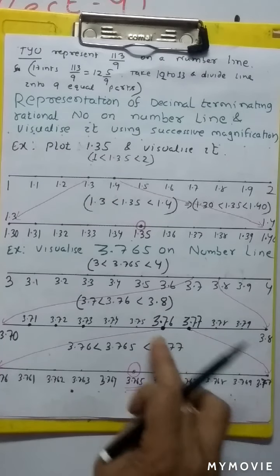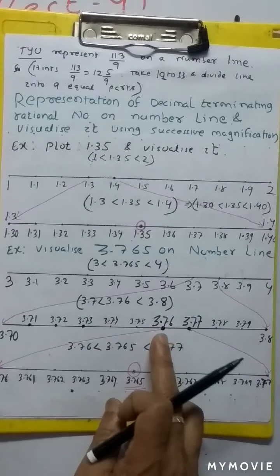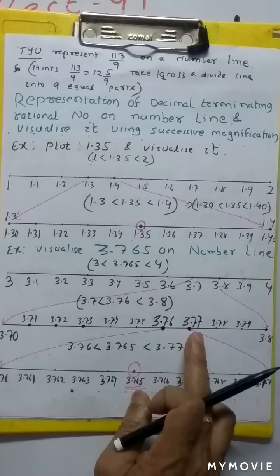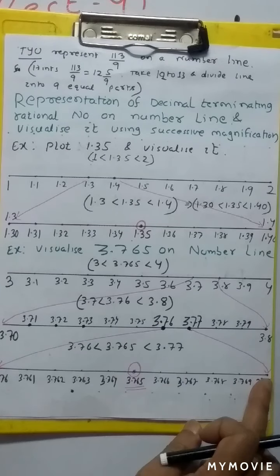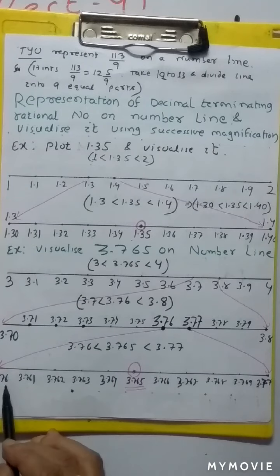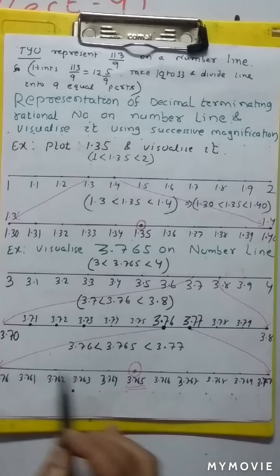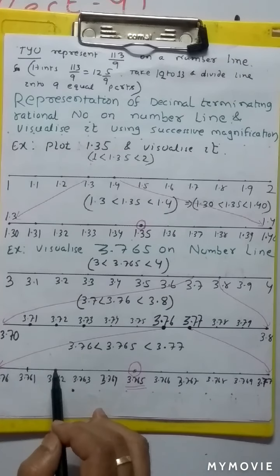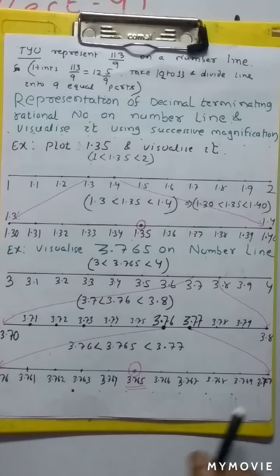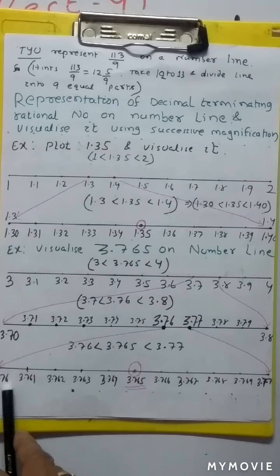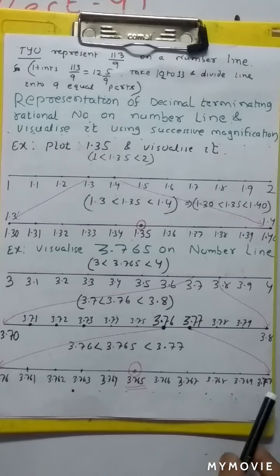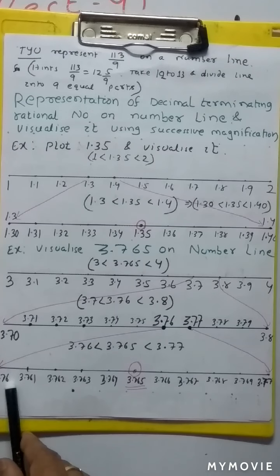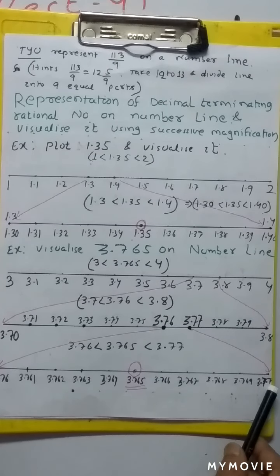By using a microscope, we can extend the line from 3.76 to 3.77 into a bigger one. Now from 3.76 to 3.77, you divide equally into how many parts? 10 parts. So what is the gap between 3.77 and 3.76? If we subtract 3.76 from 3.77, what is the answer?